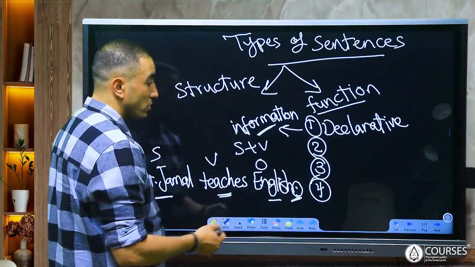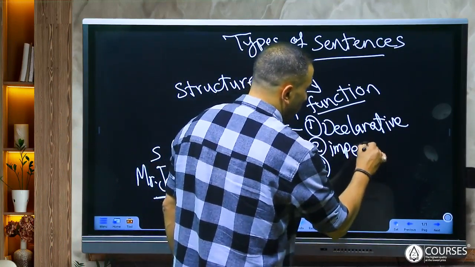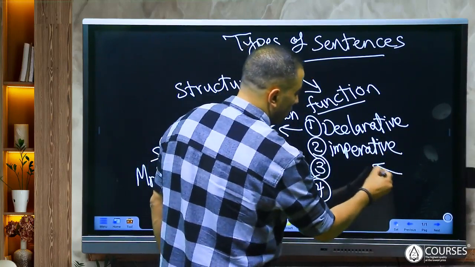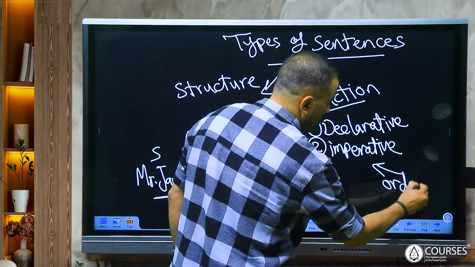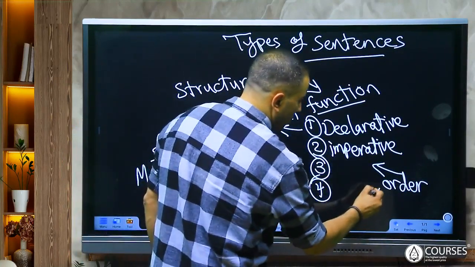It gives me information. Second type of sentence is the imperative sentence. This one gives me an order. And it starts with the verb.